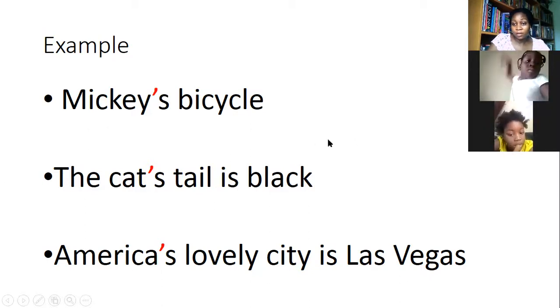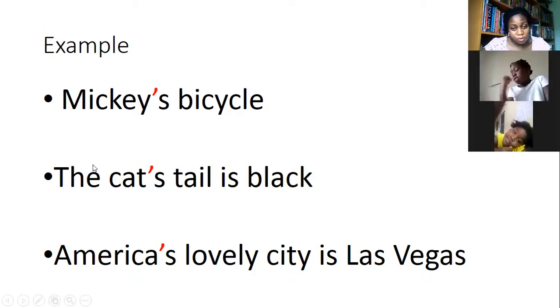Mommy completes the baby. So the possessive adjective completes the noun. They move together. Okay, so let's look at the next sentence.